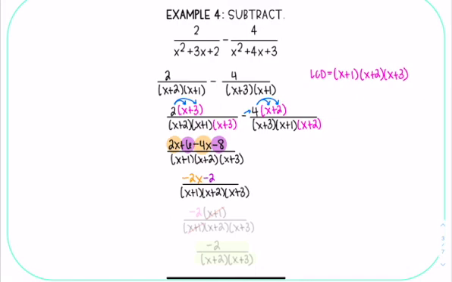And then we want to see if we can simplify any further. So on the top, we can actually take out a GCF of -2. If I take out a GCF of -2, I'm left with x plus 1.